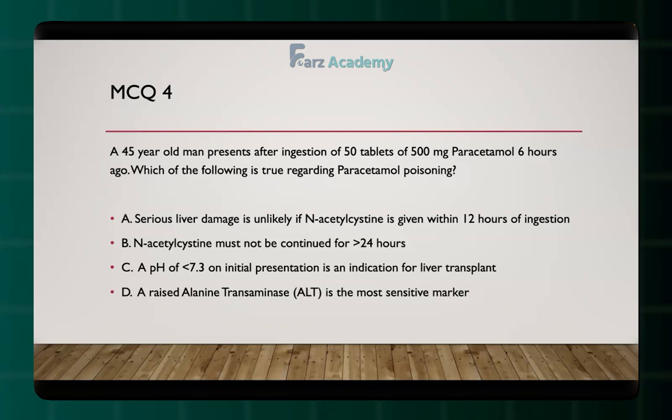Now, which is true regarding paracetamol poisoning? Serious liver damage is unlikely if N-acetylcysteine is given within 12 hours of ingestion. N-acetylcysteine should not be continued for more than 24 hours. A pH of less than 7.3 on initial presentation is an indication for liver transplant, and a raised ALT is the most sensitive marker.